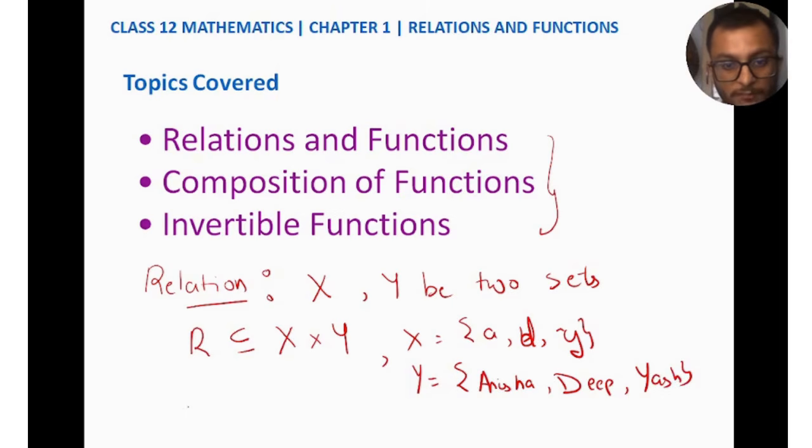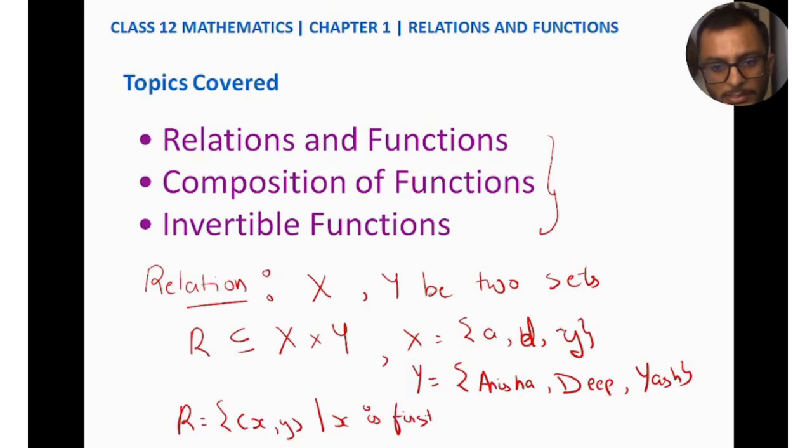Now I am going to define a relation on this Cartesian product X cross Y. I will define the relation as pairs (x, y) such that x is the first letter of name y. Did you get this?